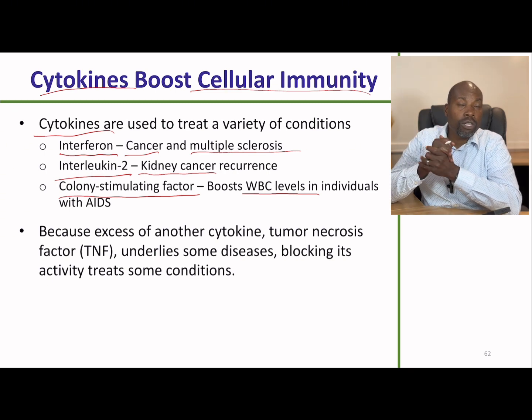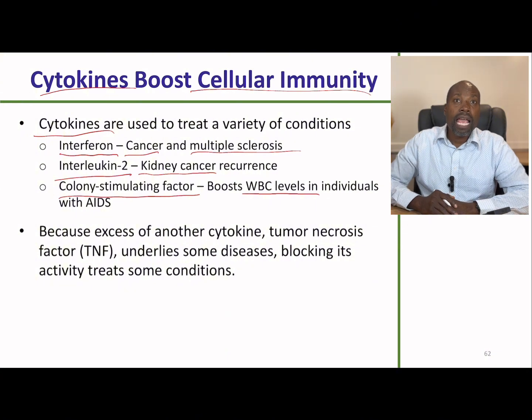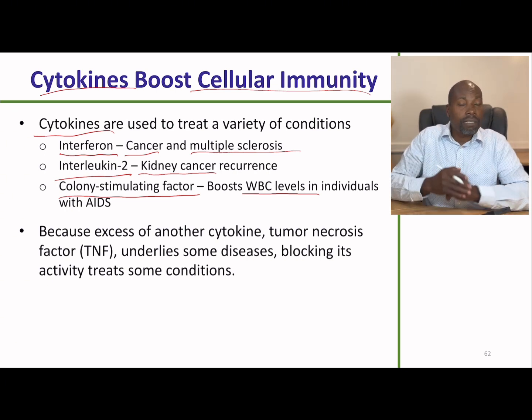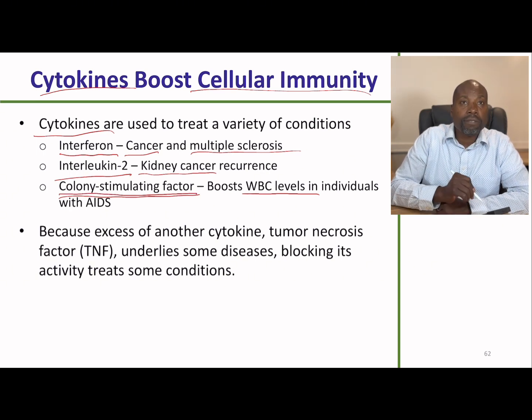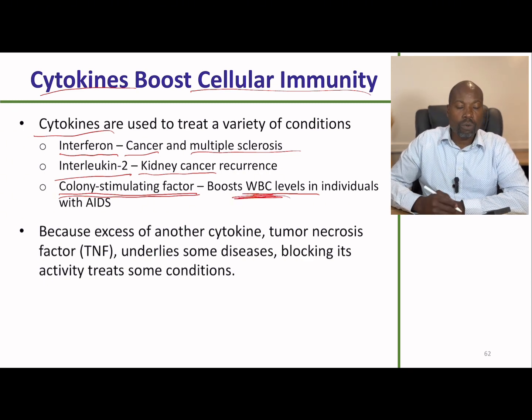You know that in individuals with AIDS, helper T cells are dying, right? And because helper T cells are dying, the individual is going to have a hard time mounting a protection against foreign particles. So by injecting CSF to people with AIDS, this is going to allow them to boost the production of white blood cells, right?